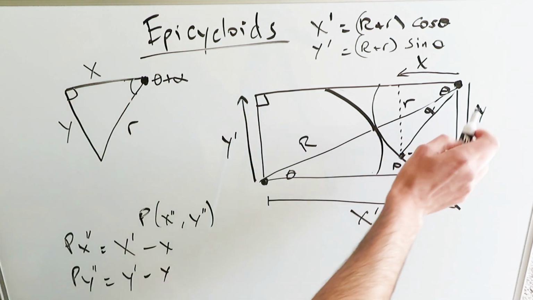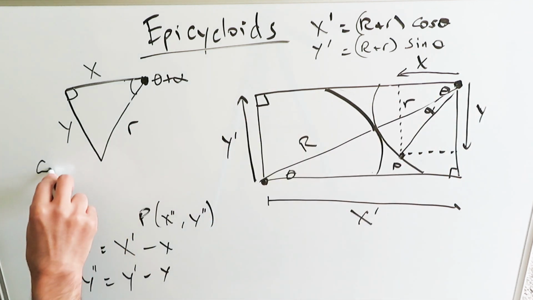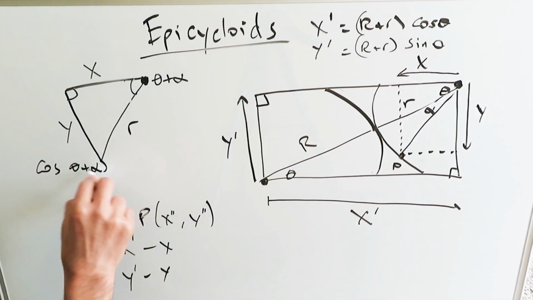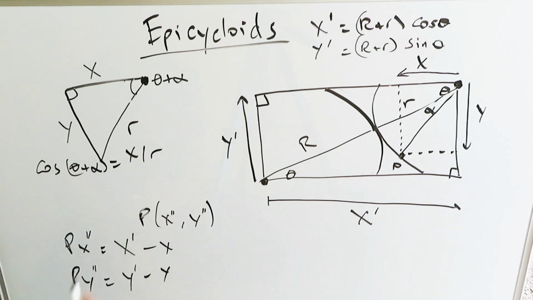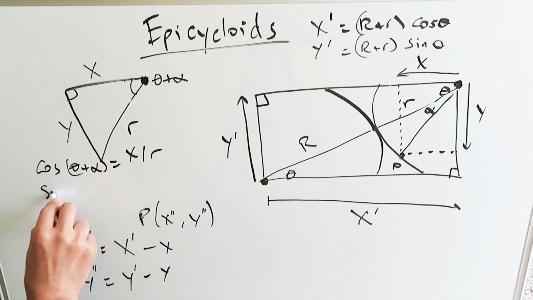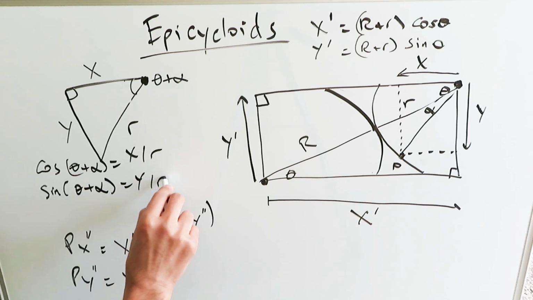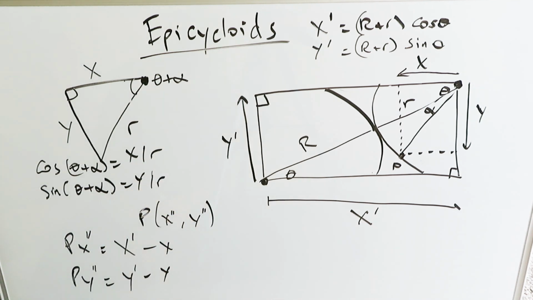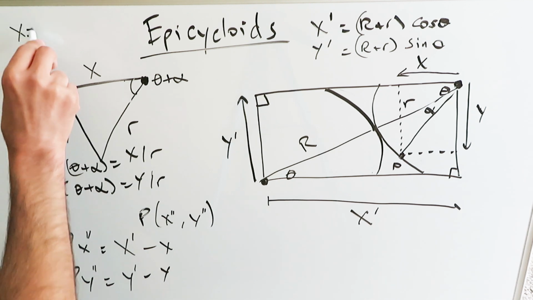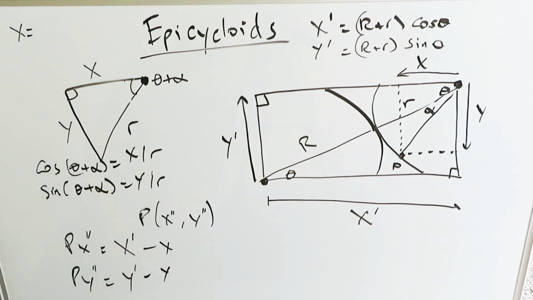With regards to the x value, the distance from here to here, we have cosine of theta plus alpha is equal to x over small r. With regards to the y, we have sine of theta plus alpha is equal to y over r. And you would solve in each instance for an x and a y, and we can. And I'm going to put them for you right over here. x here is equal to what? You push the r onto the other side.